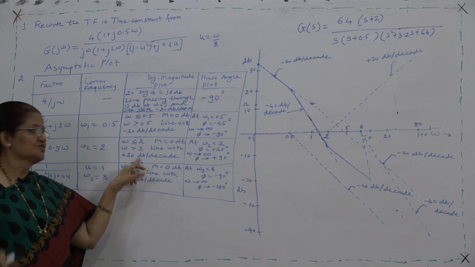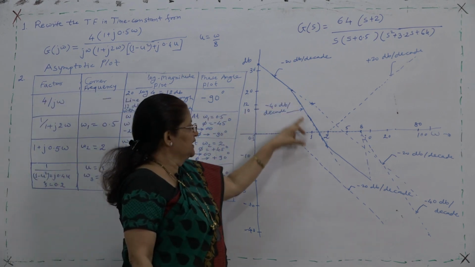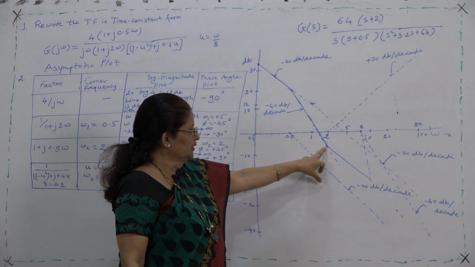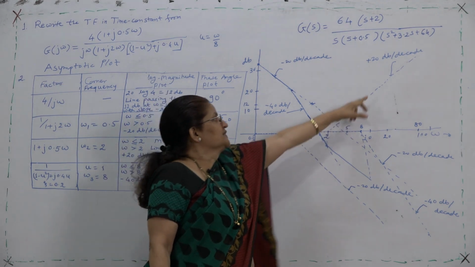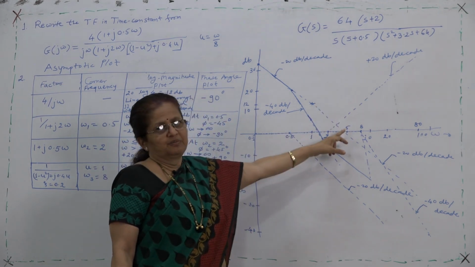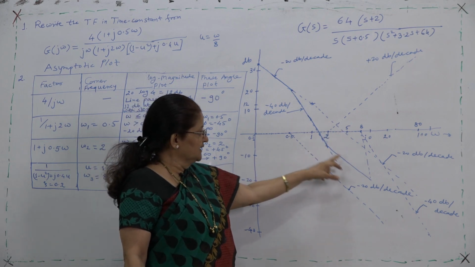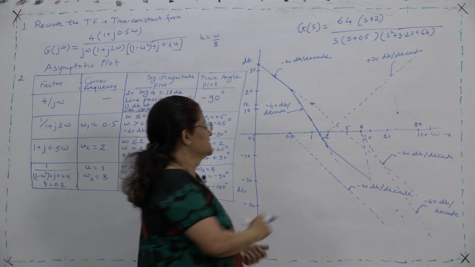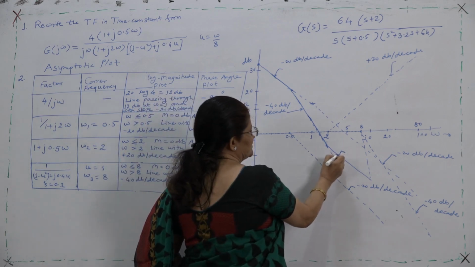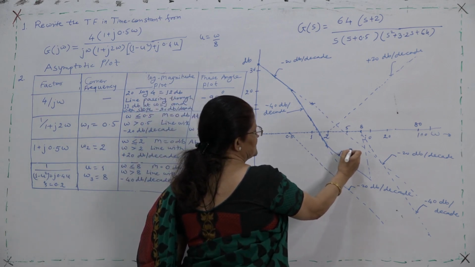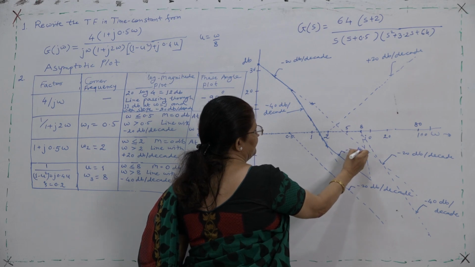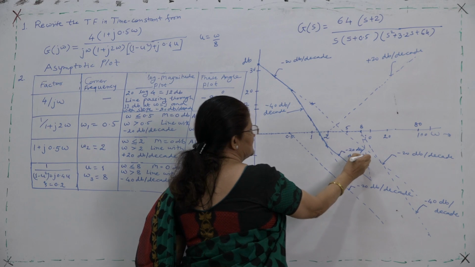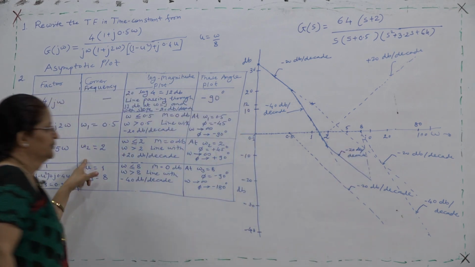Minus 20. So, this is the minus 40 dB per decade scale till 2. After 2, this factor will contribute plus 20 dB per decade. So, the slope of the line will change from minus 40 dB per decade to minus 20 dB per decade. So, this is with minus 20 dB per decade, because this factor will contribute now.